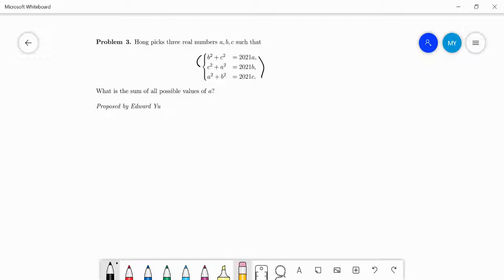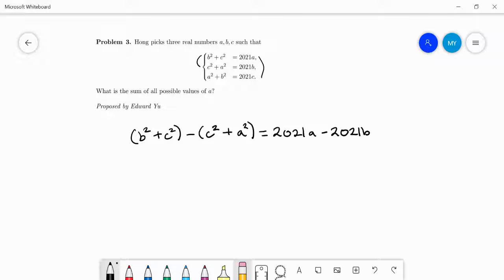So what do we get here? We get b squared plus c squared minus c squared plus a squared equals 2021a minus 2021b.